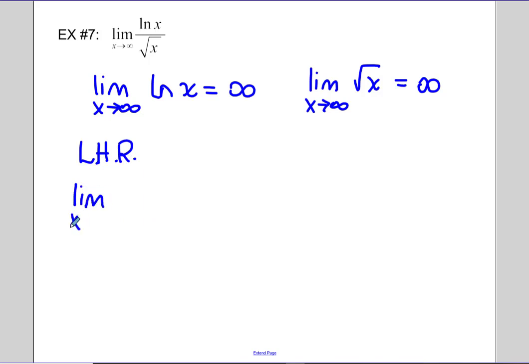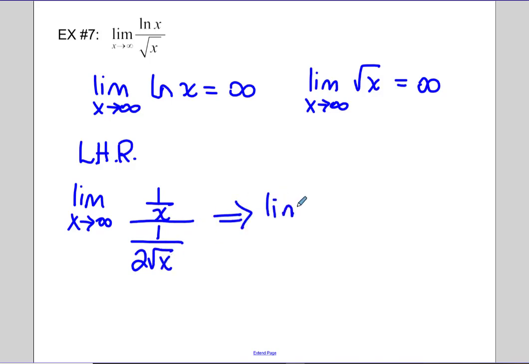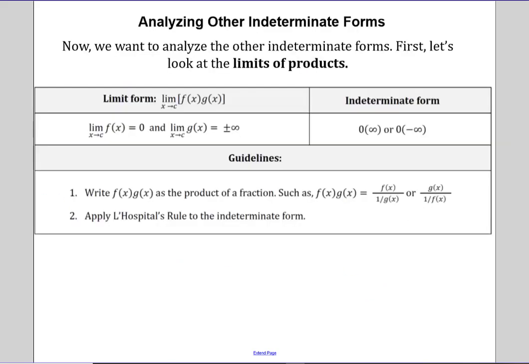The derivative of the numerator is 1 divided by x, and the derivative of the denominator is 1 divided by 2 square root of x, which simplifies to 2 divided by the square root of x. Substituting infinity or a very large number, 2 divided by the square root of a very large number is going to lead us to 0. So you just have to be careful.